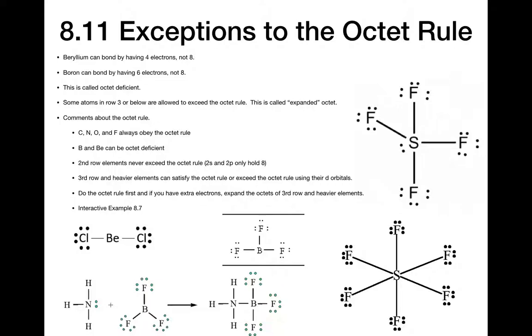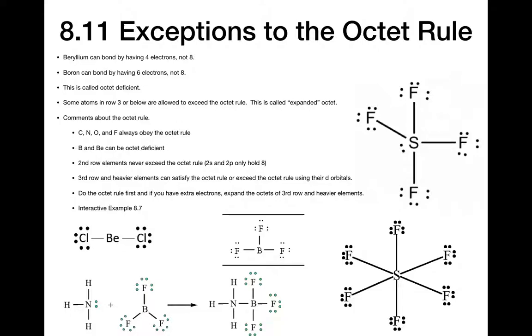On the right side, we see a couple of molecules that appear to have an expanded octet. Now first, just a few comments about the octet rule. You can always expect carbon, nitrogen, oxygen, and fluorine to obey the octet rule. Boron and beryllium will tend to do 3 pairs and 2 pairs.